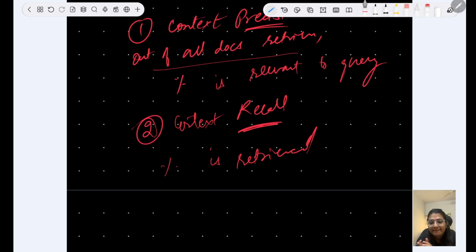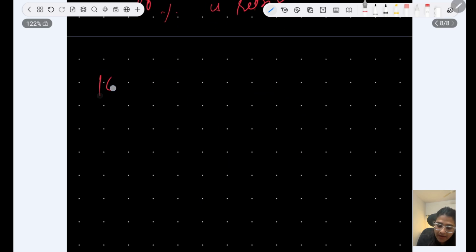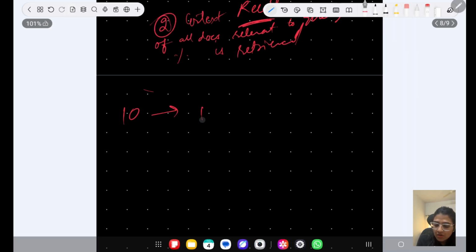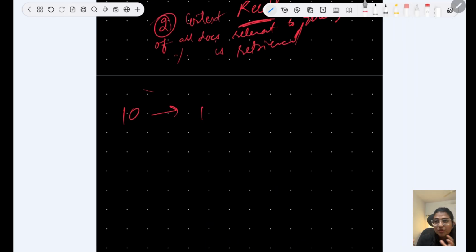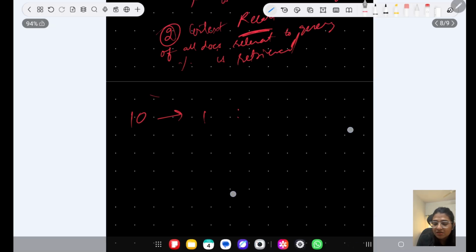Recall means, out of all the documents relevant to the query, how many were retrieved. So suppose you had 10 documents, out of which one document is actually relevant to the query.